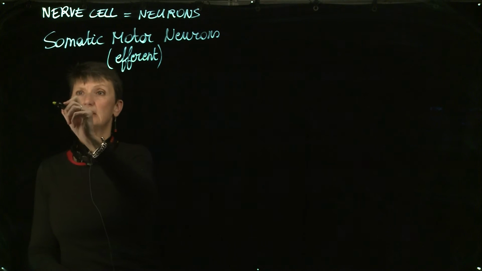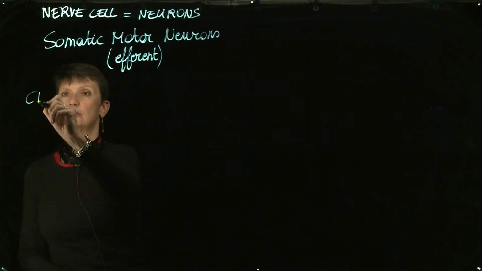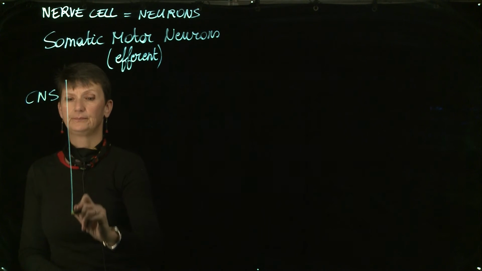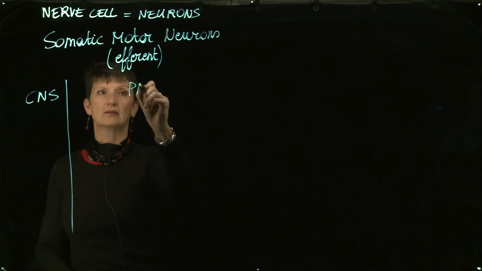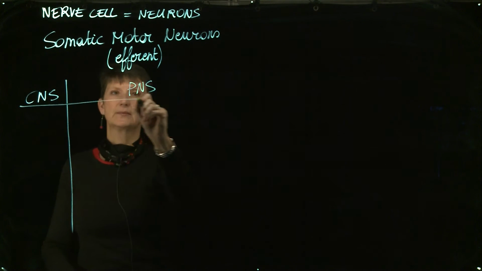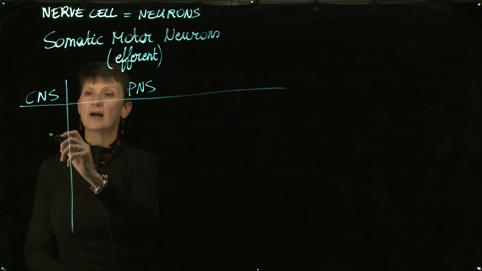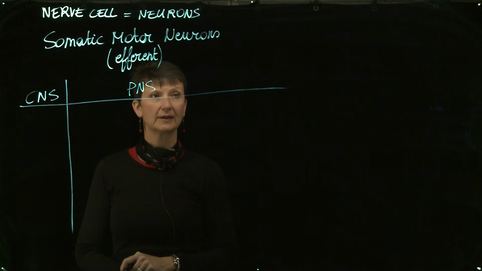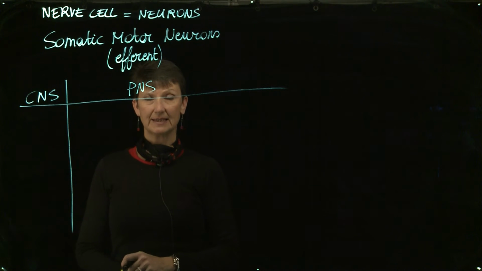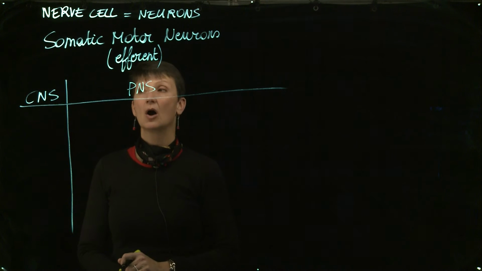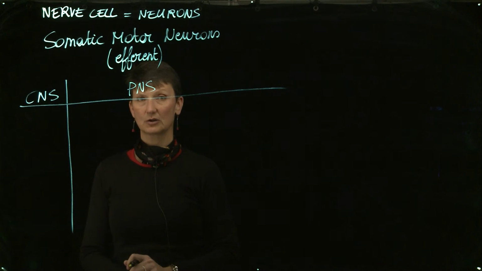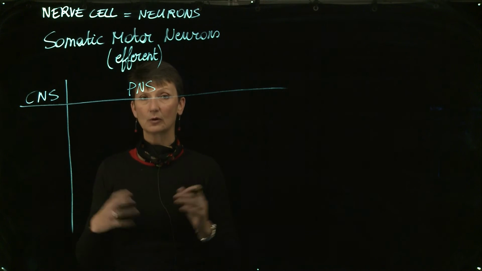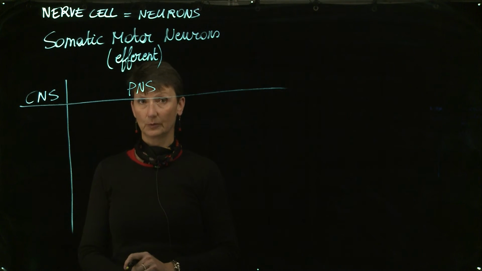So if this is where we find the central nervous system, let's say, and all of this is in the peripheral nervous system, then we would find that part of our somatic motor neuron is located inside of the central nervous system. And it's the very beginning of our motor neuron. Now, motor neurons, or neurons in general, look pretty funky.